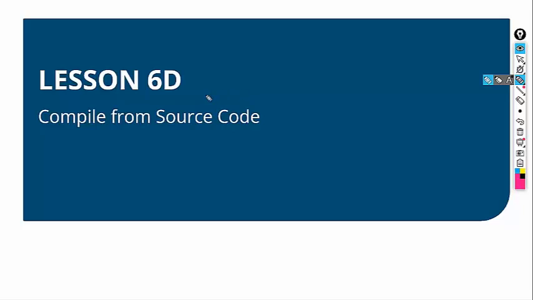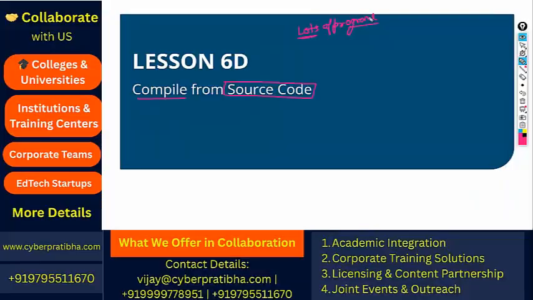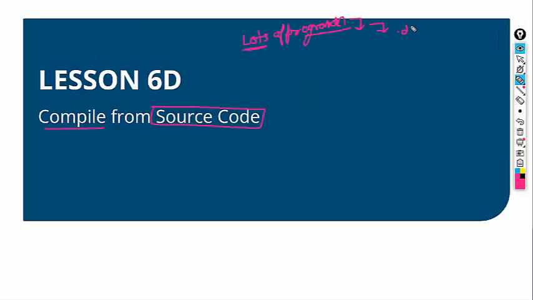In this session, we are going to discuss how to compile a program from the source code, because there are lots of programs available worldwide which can be used, but some programs which are mostly used will be compiled in a Debian package and stored on the repository.